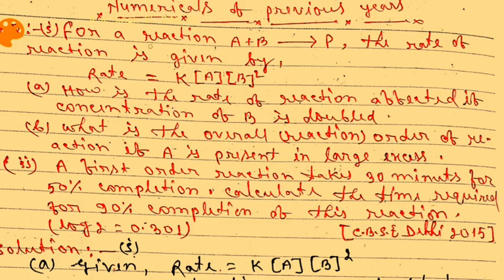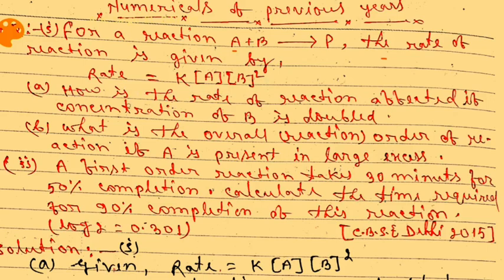First question: for a reaction A plus B converts into product, the rate of reaction is given by rate is equal to K into concentration of A into concentration of B square.